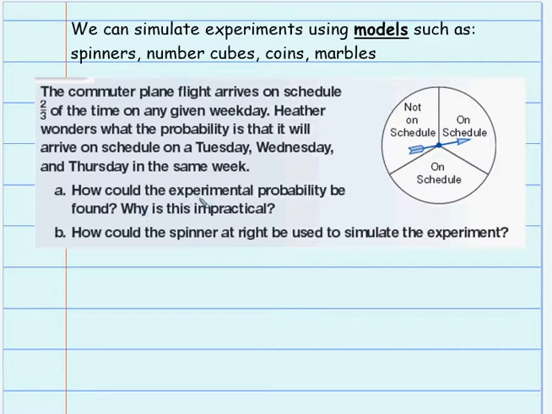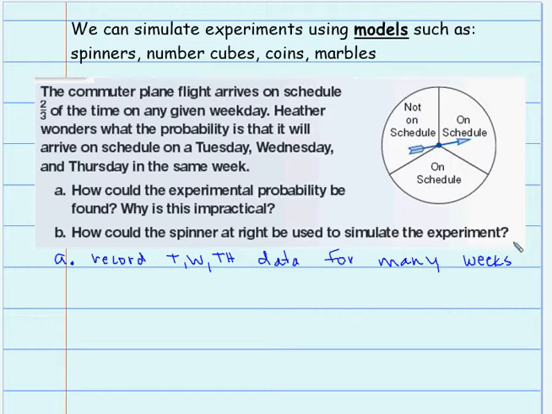So if you wanted to perform this as an experiment, you would have to record the Tuesday, Wednesday, Thursday flight data for many weeks. Okay, now is that reasonable? I mean, you could do that, but she just wants to know this information.